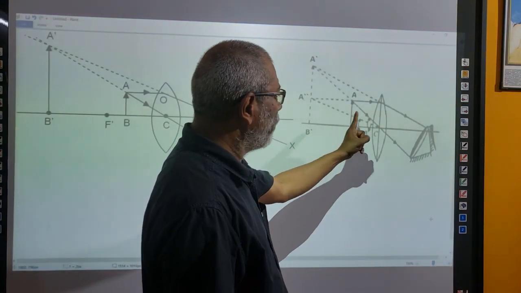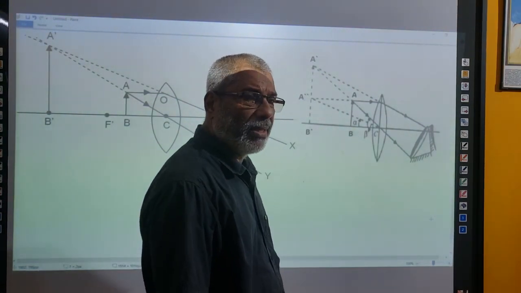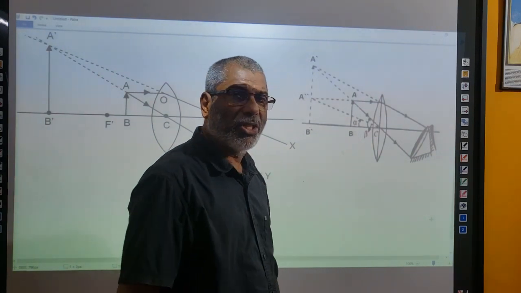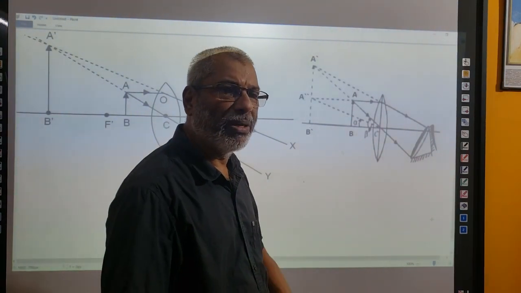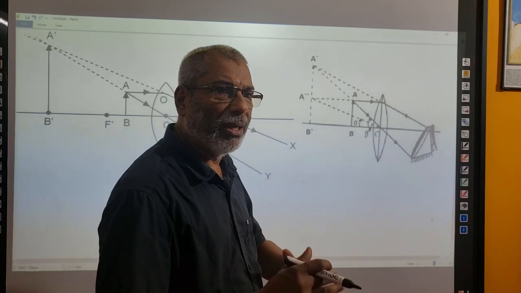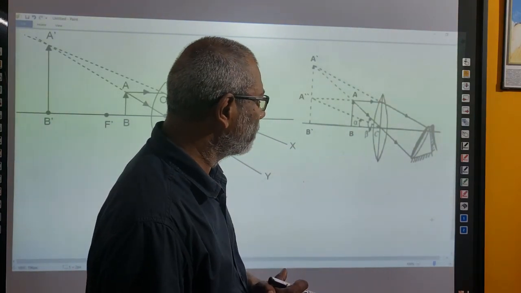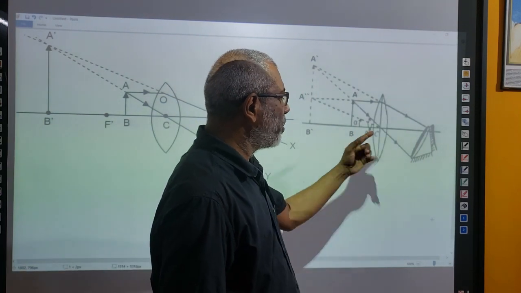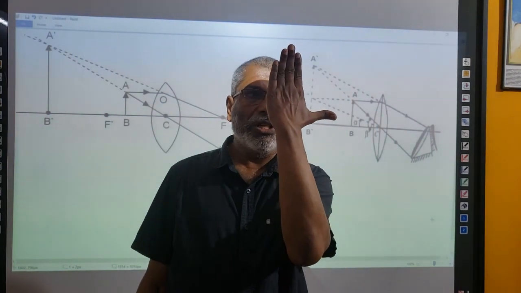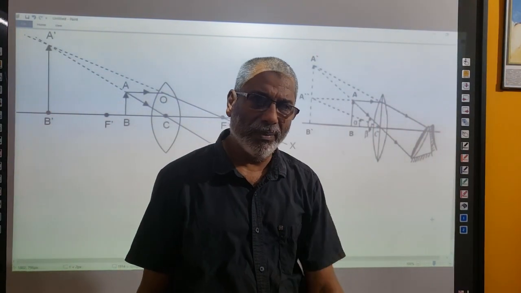When an object is taken very near to the eye, less than the least distance of distinct vision, that is 25 centimeters, the eye will be in a strain and the image cannot be seen clearly; it is blurred. If the object is kept very near to the eye, we cannot see even the lines of the hand.